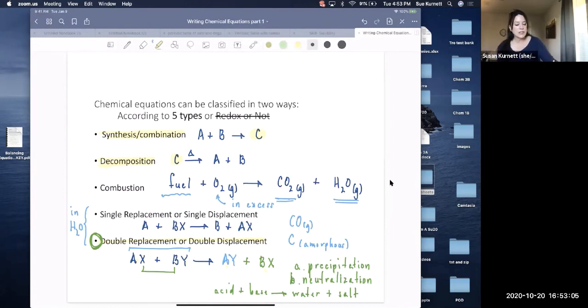For combustion, always start with the fuel and do oxygen last. For single displacement or single replacement, I think I would just look at what is the messiest. And then anytime we have diatomic elements, those are a good place to reconcile things first.